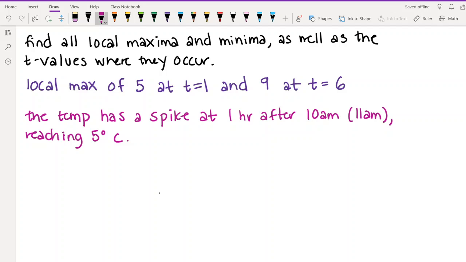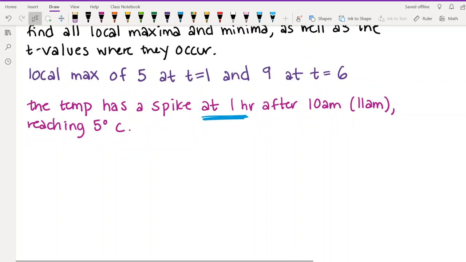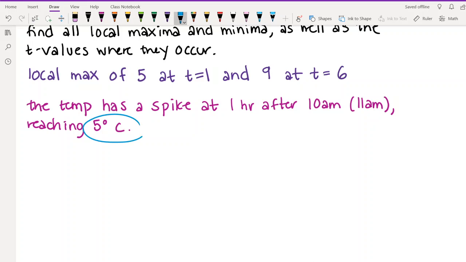And what I just want to point out here is that notice I say at 1 hour. I don't say it has a spike of 1 hour, right? Because the part that's actually the maximum is the temperature. The time is just telling you when that happens.